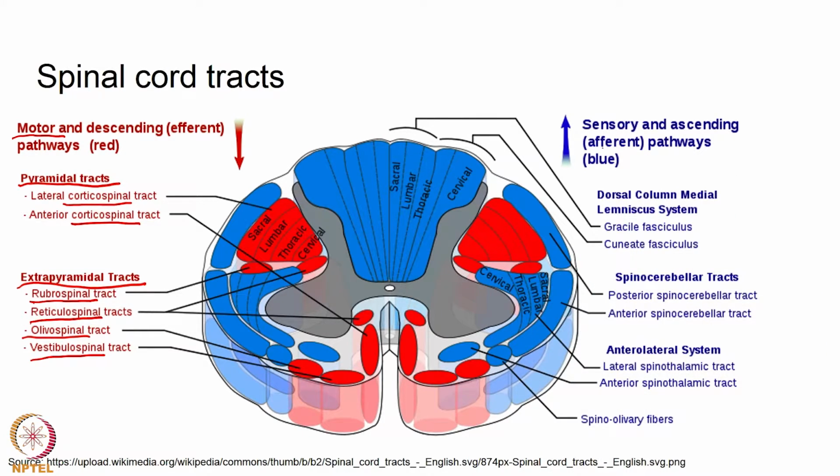These are afferent or sensory pathways, the ascending pathways. The details I am skipping now, we will see in future classes, and there are several of these. Some of these originate in the cervical region, we named this as the cuneate. This goes via the cuneate nucleus, we said cuneate fasciculus, and some information goes to the cerebellum through the spinocerebellar tracts.